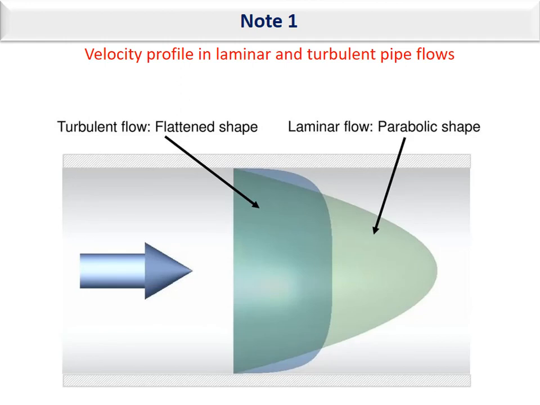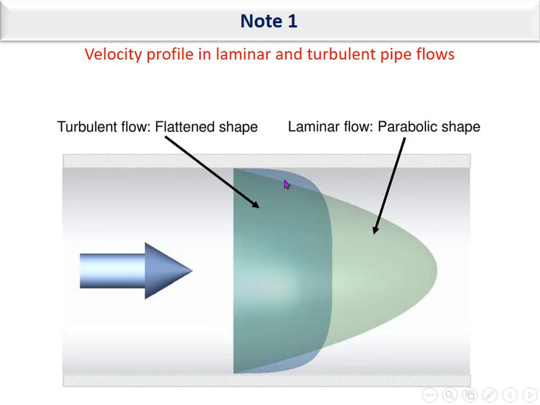The same you can see here for the velocity profile of laminar and turbulent flow in a pipe. Here I show the flow profile in a pipe in laminar and turbulent flow. For the laminar one, you can see here that the profile is a parabolic shape, but in the turbulent flow it is somewhat flattened.